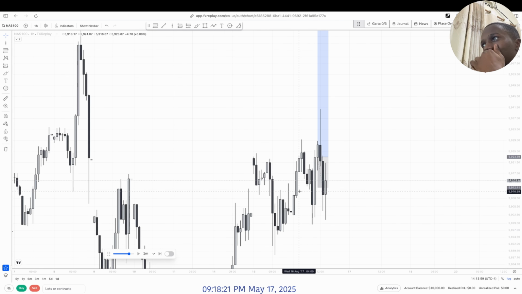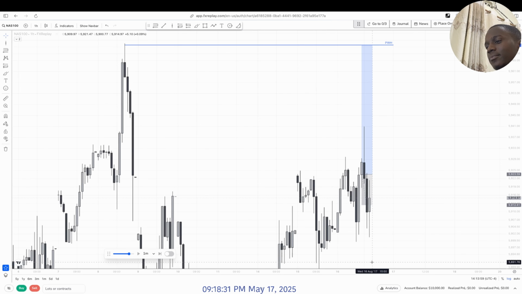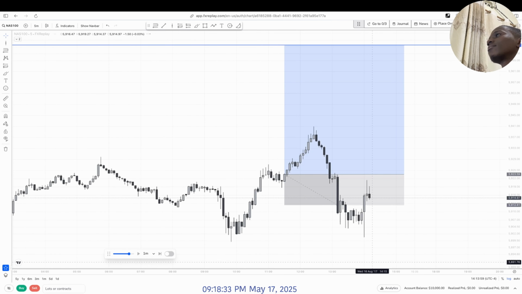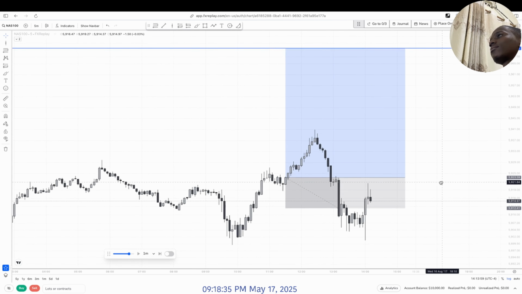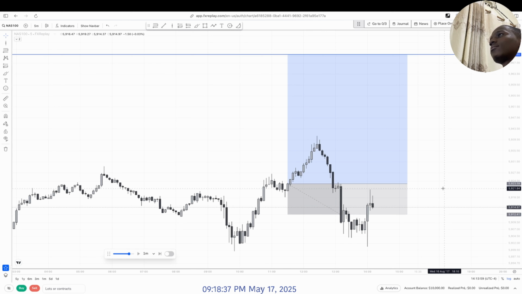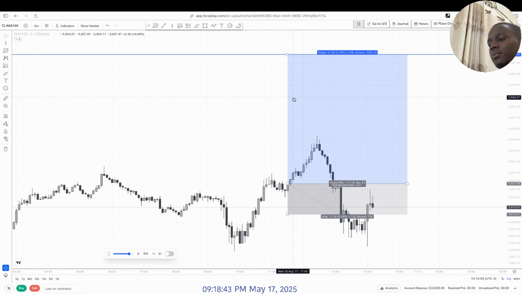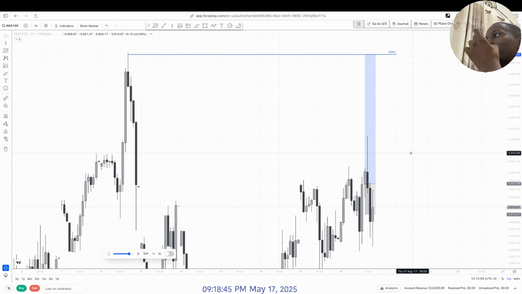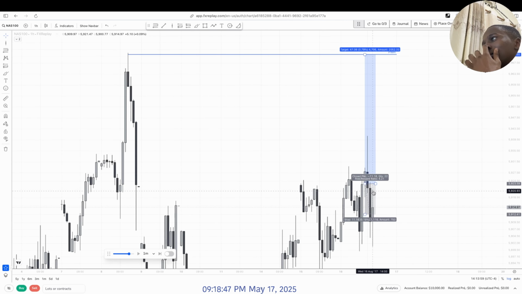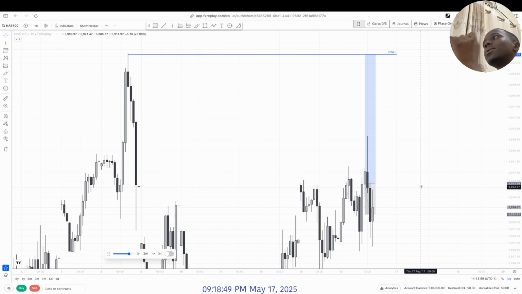You can see that we have took out this low right here, which means we might be trying to respect this gap a bit. Now on the 1 hour, you can see it's PM session now.